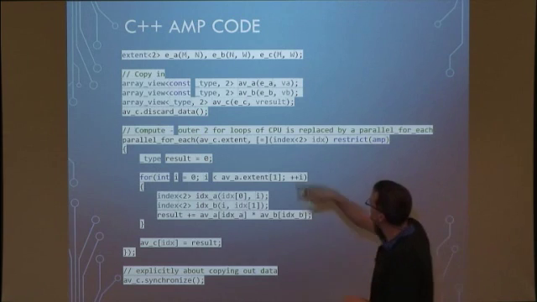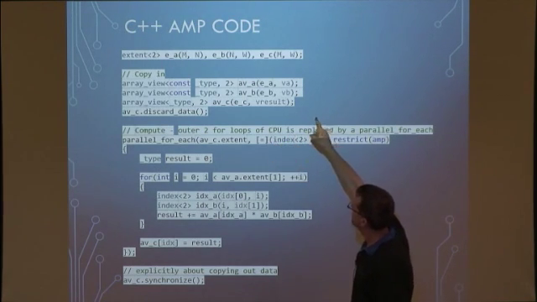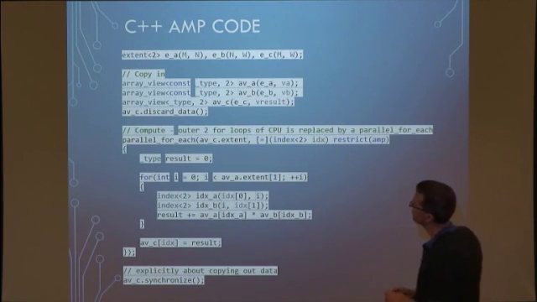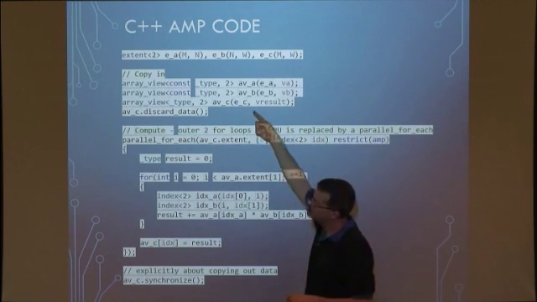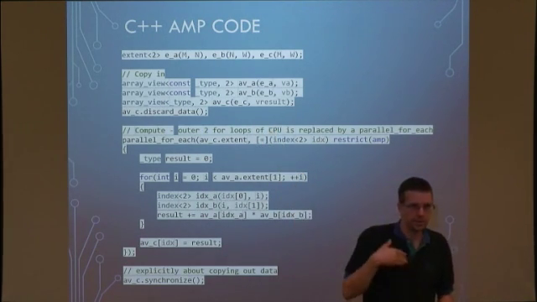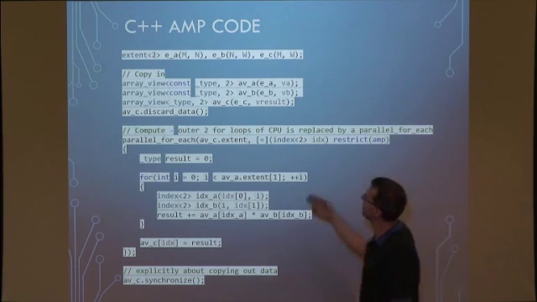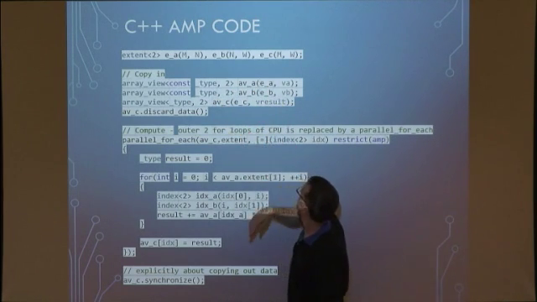So EA, EB, EC, so the A, B matrix are multiplied together, C is the result. So the top line just puts the dimensions in for each of those extents. An array view is how you say, hey, this is something that I want the GPU to be able to see. I want the GPU to be able to see this A array, which is up there.